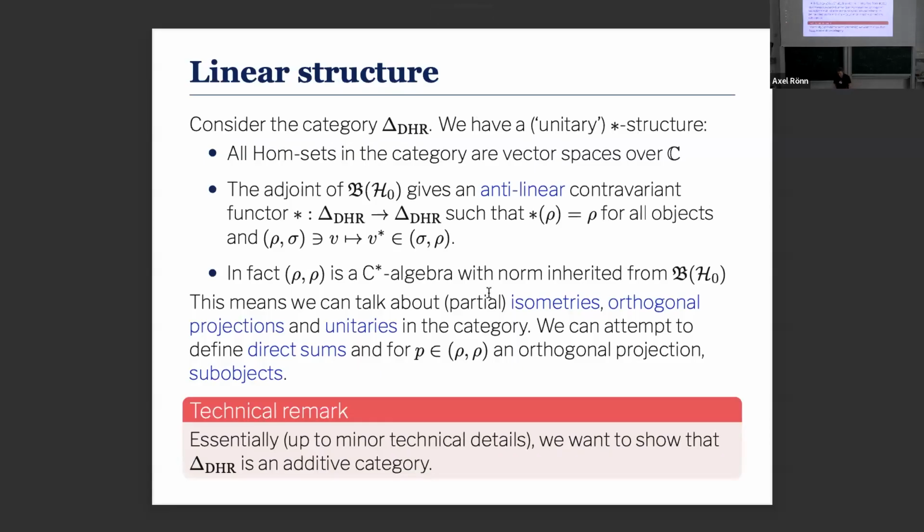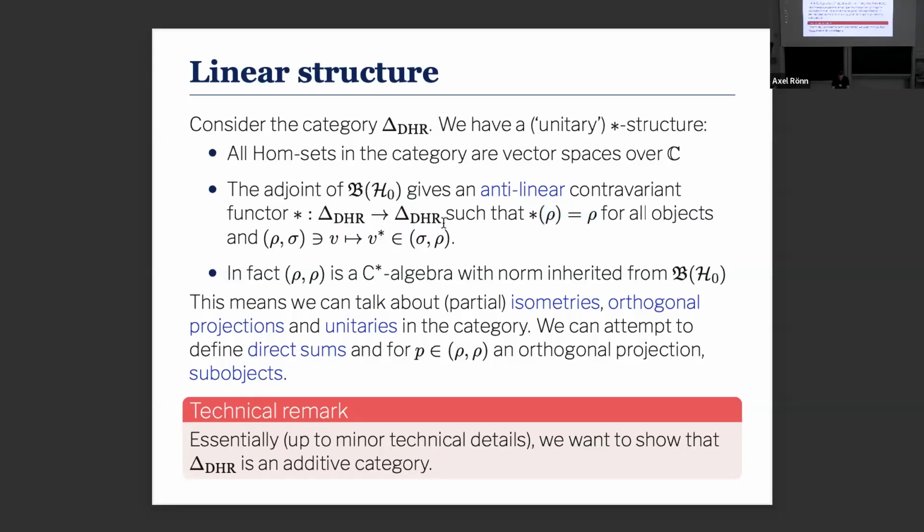We already used some of these things, but our category has nice properties: all the morphism sets are vector spaces over C. It's easy to see, if you take the sum of two intertwiners, you get another intertwiner. We have a star operation, which in our case is just the star that comes from our algebra.